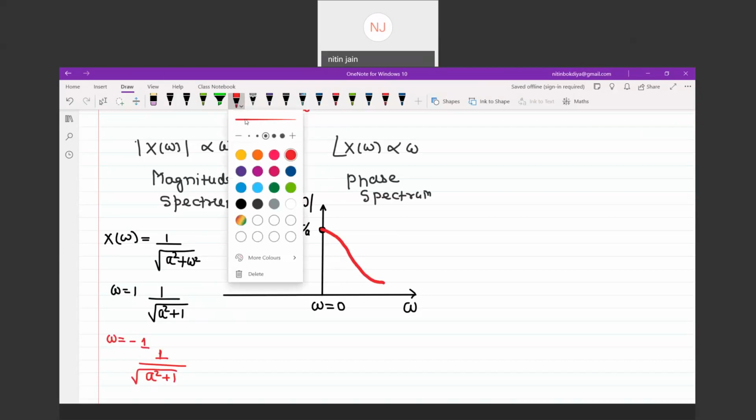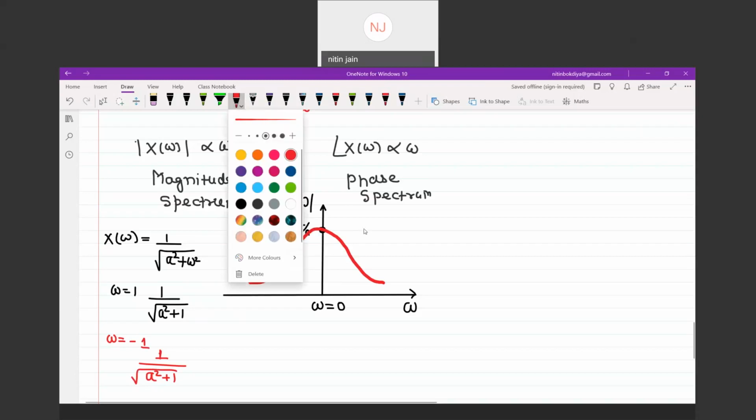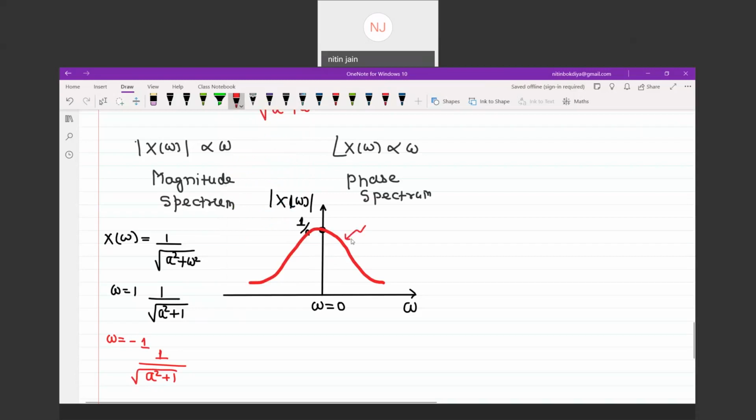So you can say the output will be this, and this is what? Mod of X of omega.